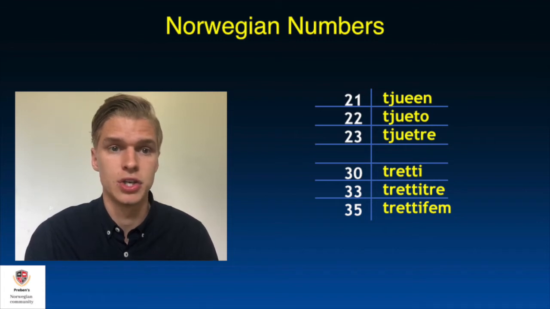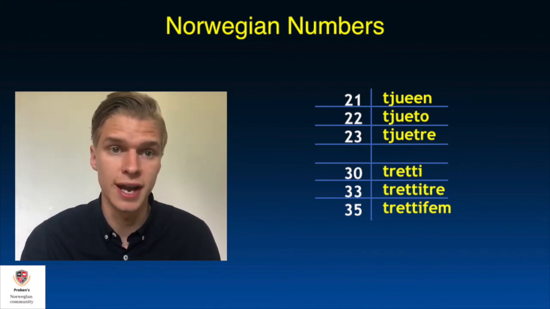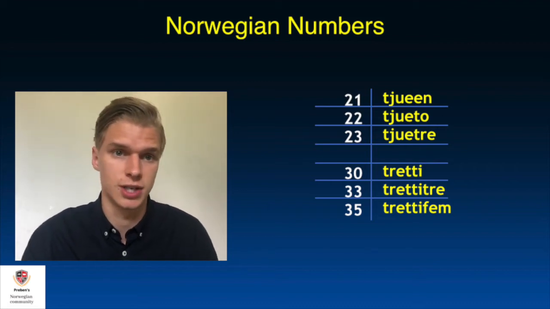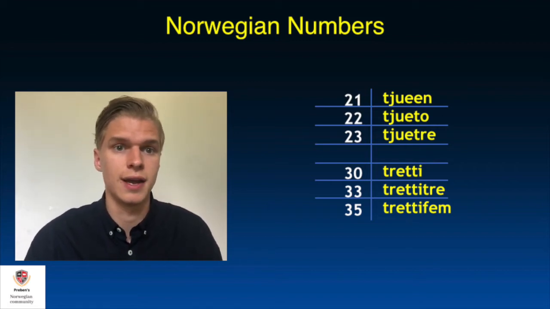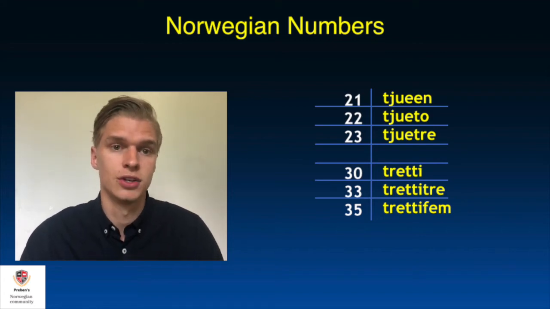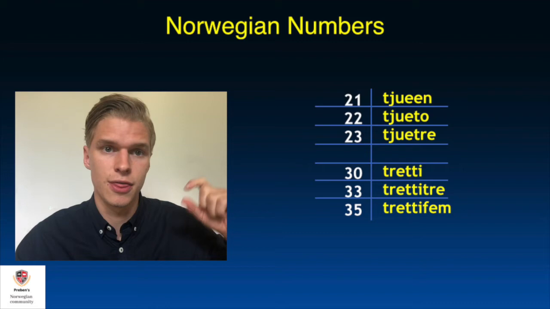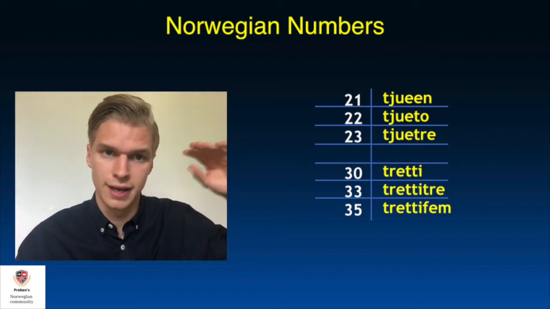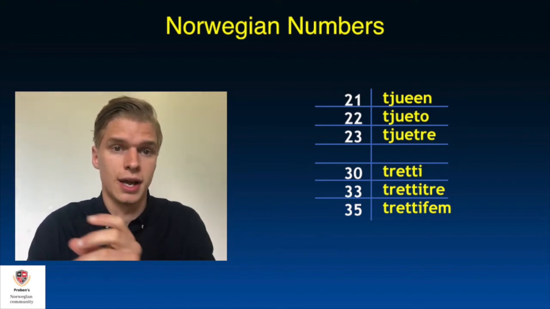Then we have 22, 23. You see there's an easy pattern here: when you say something in the 20s, you say 21, 22, 23. So now you just have to learn 20, 30, 40, 50, 60, up until 90, and just combine it with a number at the end.